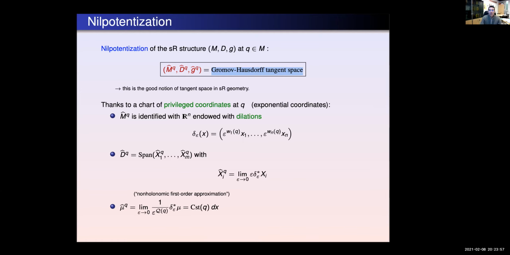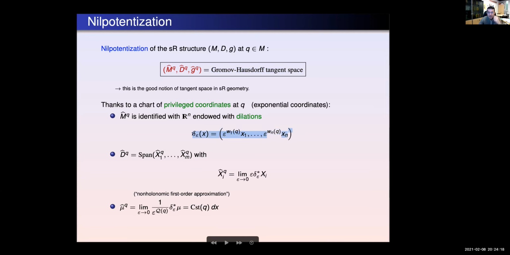Now, you can define it in so-called privileged coordinates, which are exponential coordinates associated with the vector fields, in which you can identify the nilpotentization of the manifold with Rn, and it is just Rn endowed with a family of dilations.